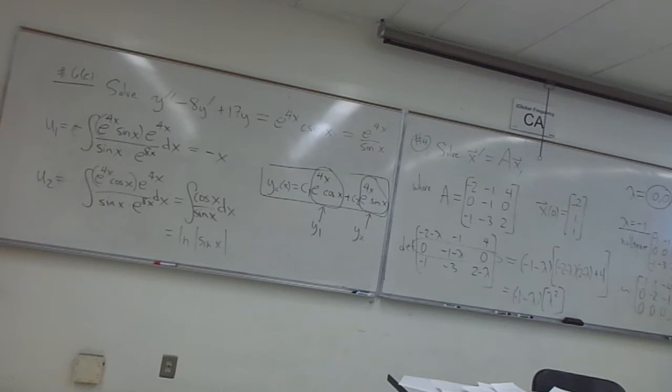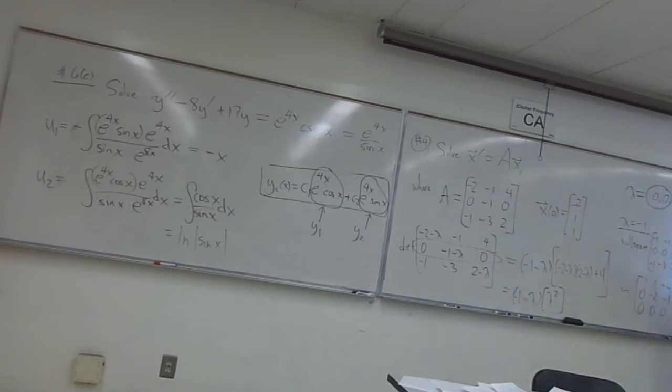So z is free, okay? And then y looks like it's negative 1/2 t. And then x: x plus y minus 4z equals 0, so x is 4z minus y, which is 9/2 t.